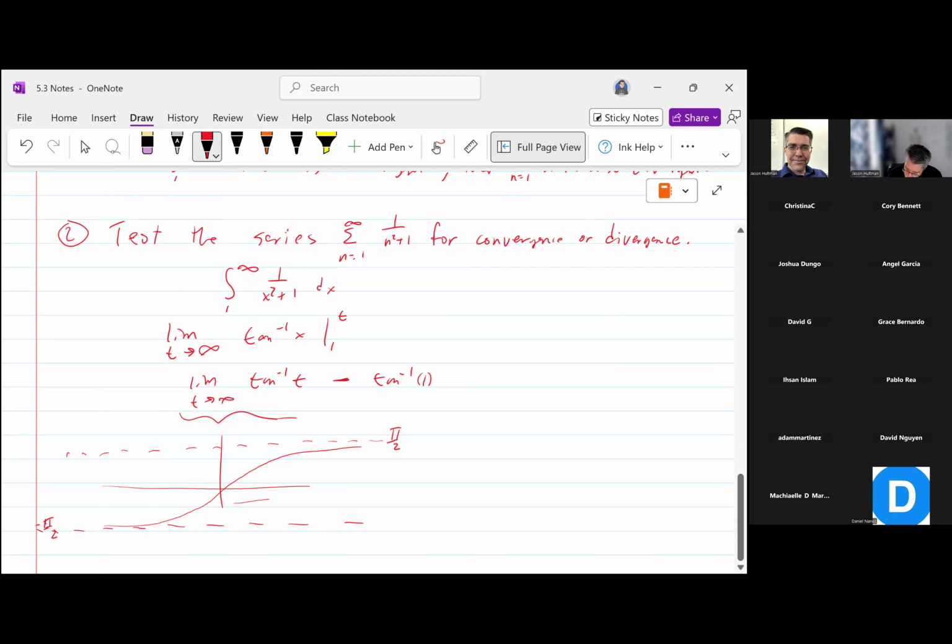But as t goes to infinity, this is going to get closer and closer to pi over 2. So the limit is pi over 2.